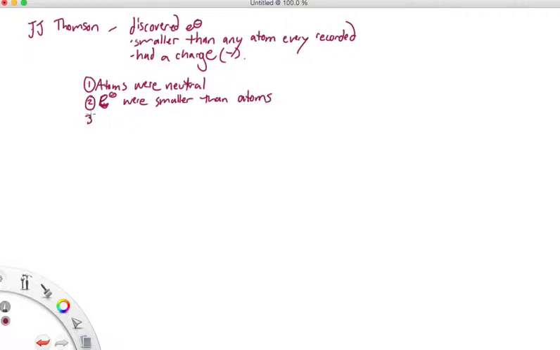And he knew that electrons were negatively charged. With these three pieces of information, he came up with a result, and you might be able to think of this too. He knew that atoms were neutral, electrons were smaller than atoms and most likely a part of them, and electrons were negatively charged.